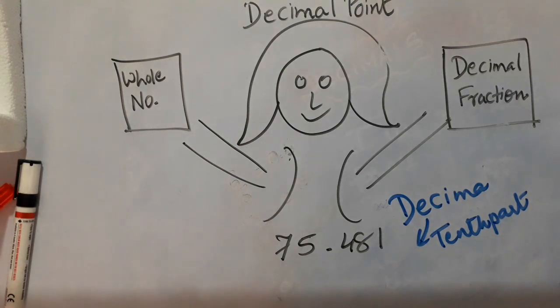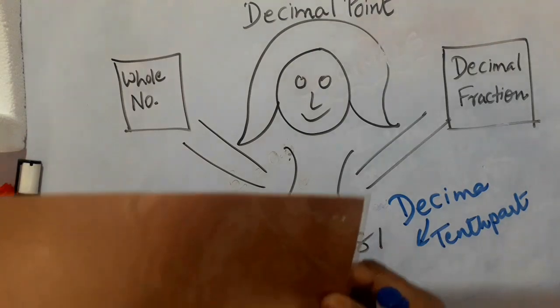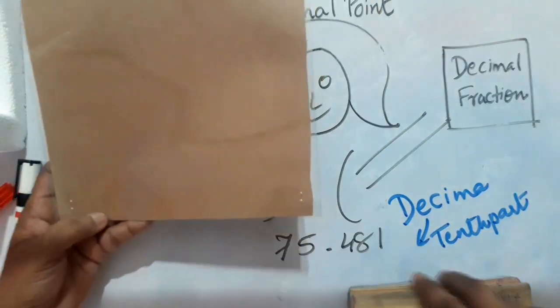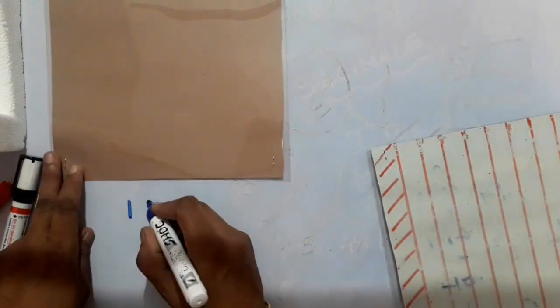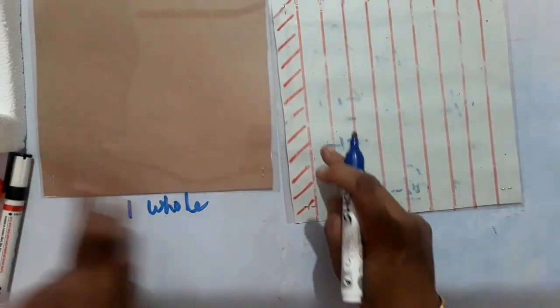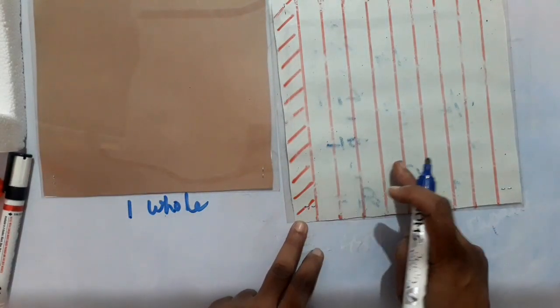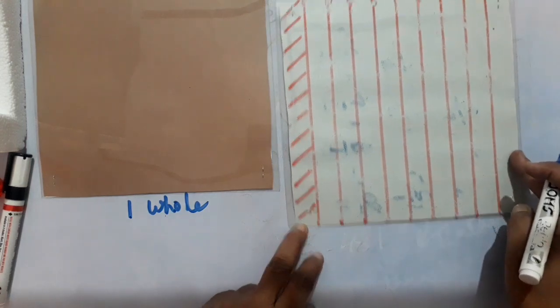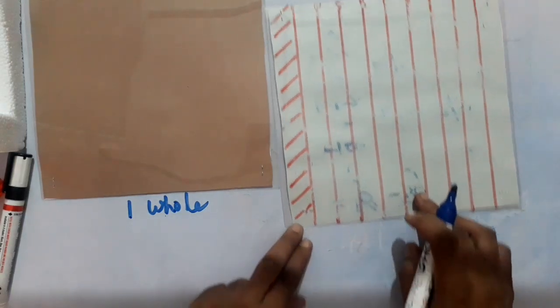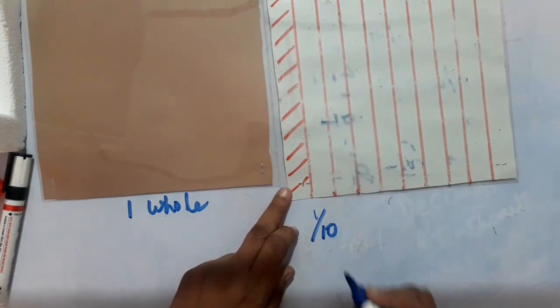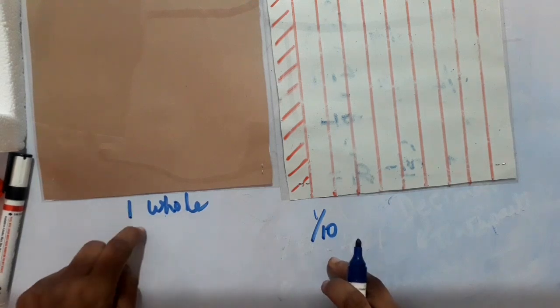If we divide a whole thing, say if this is your whole part and it is divided into 10 parts, this is one whole. If it is divided into 10 parts, see here 1, 2, 3, 4, 5, 6, 7, 8, 9 and 10, and only one part is shaded, this represents 1 upon 10, the 10th part of a whole.